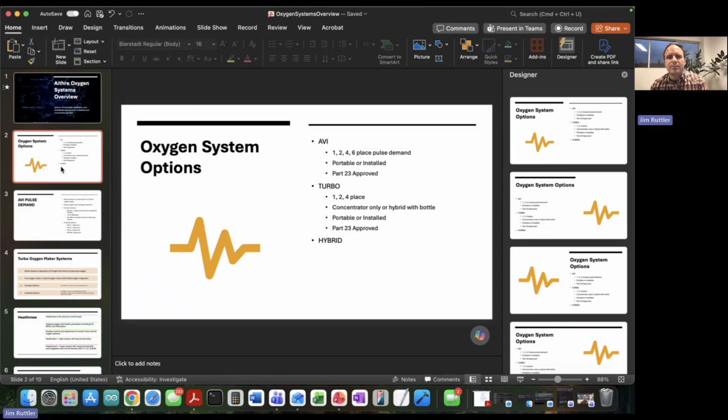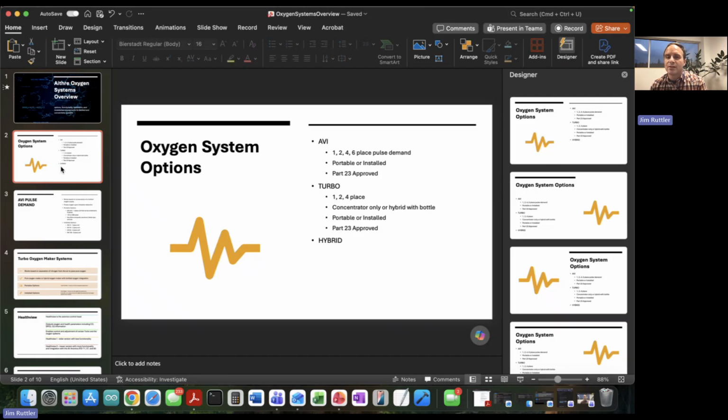All right, the AVI pulse demand systems, how do they work? The principle is that they conserve the oxygen out of a bottle. Typical traditional continuous flow systems would flow oxygen regardless of whether or not you were inhaling, whereas the AVI will detect your inhalation, deliver the appropriate oxygen for the altitude that you're at, and based on your respiration rate.